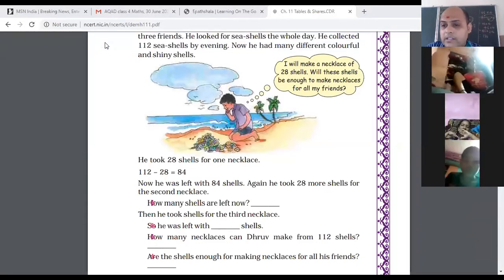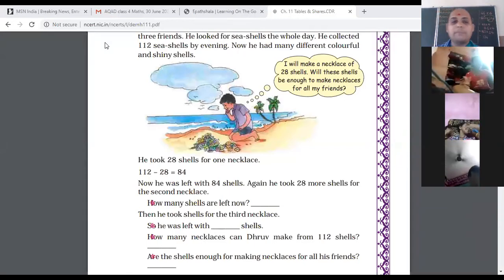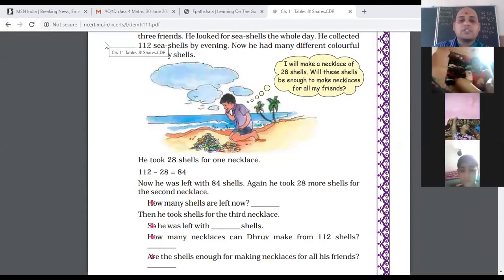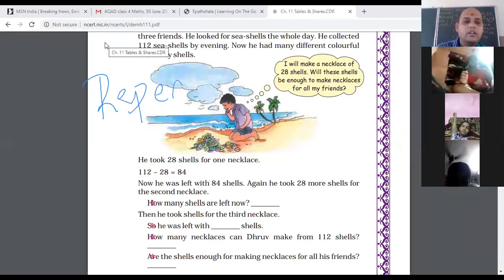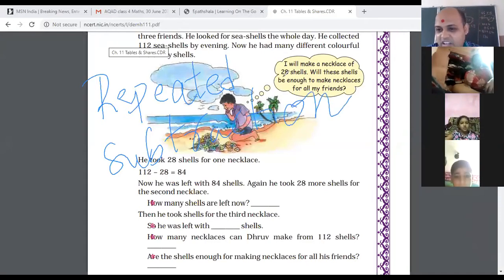Now, next is division. It has a second name which is repeated subtraction. Okay, you know this, right? Repeated subtraction. This is something which you have done in grade 3 also.